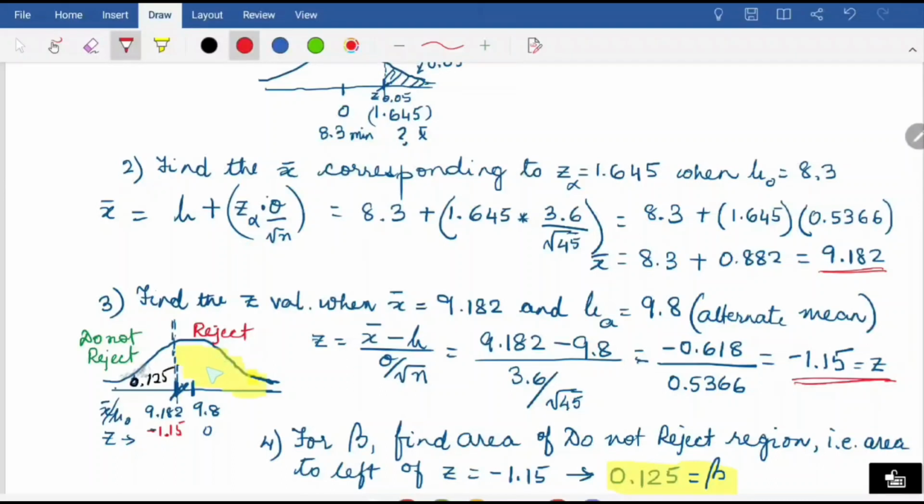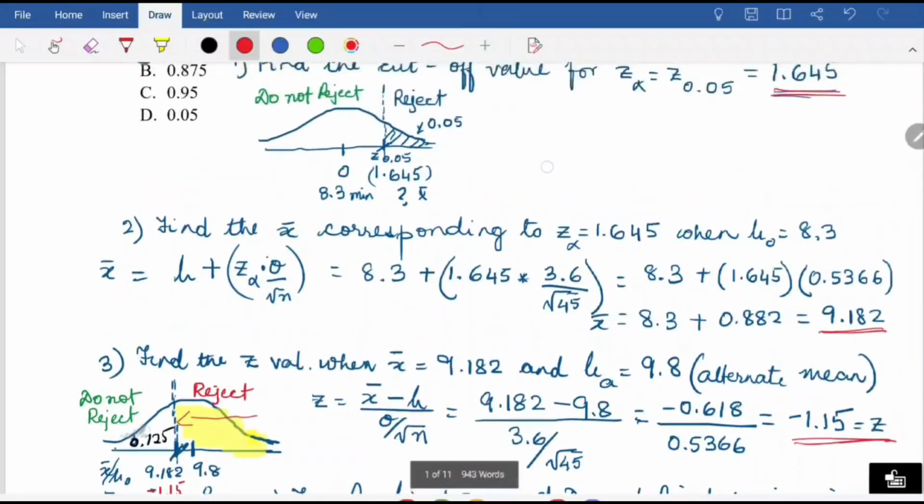That means this cutoff has now shifted towards the left. It has shifted towards the left, further out. So our reject region has essentially expanded. It used to be here when we use the null hypothesis mean at the center.